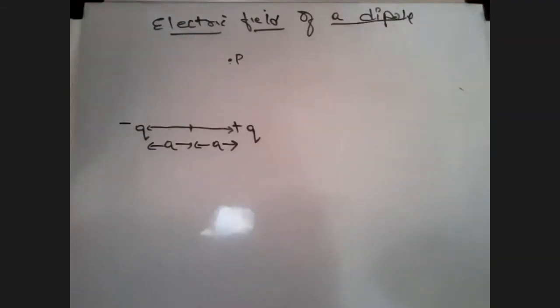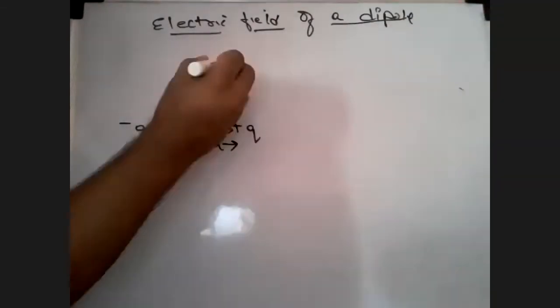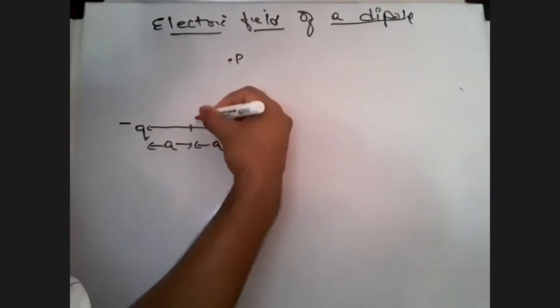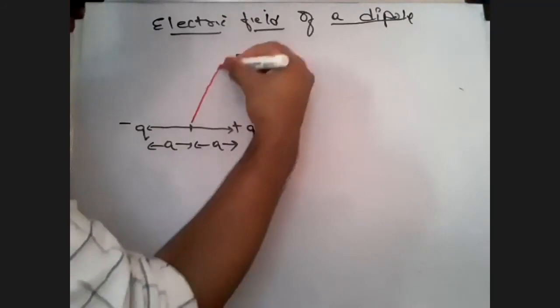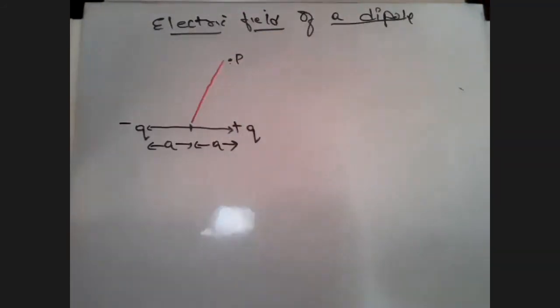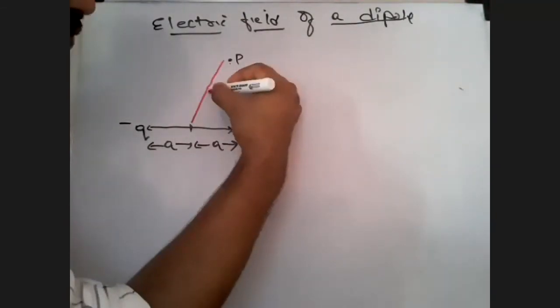So tell me, let's go and get the given. There's a line like this, and it is at a distance of r.